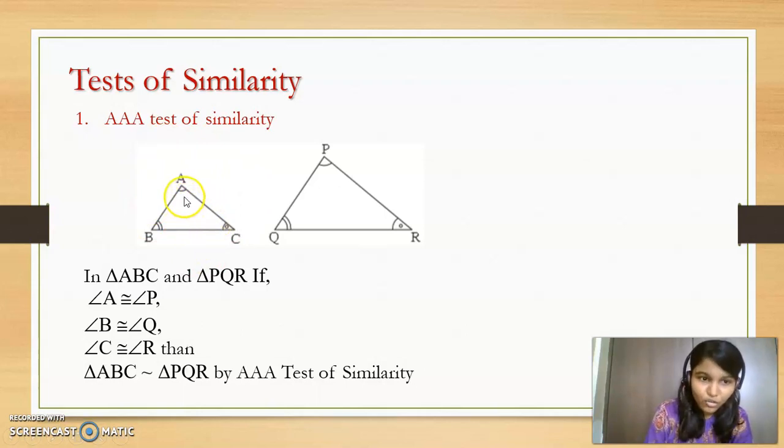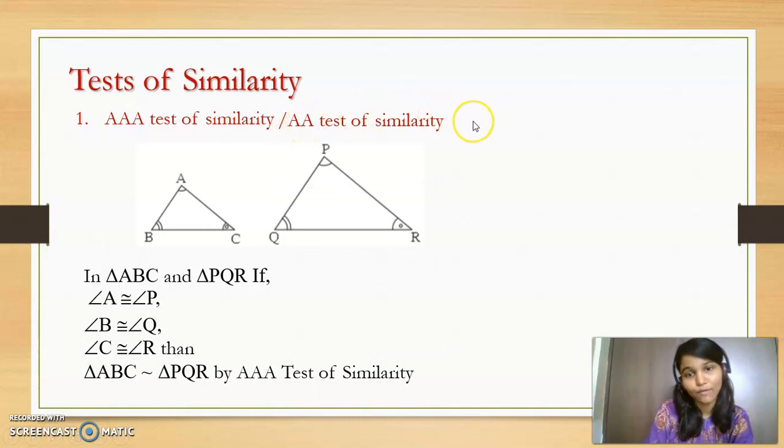It is understood students, if two pairs of corresponding angles are the same, the third pair will also be congruent. So students, instead of proving the triangles similar by the AAA test of similarity, we can also prove it similar with the help of the AA test of similarity. Why students?